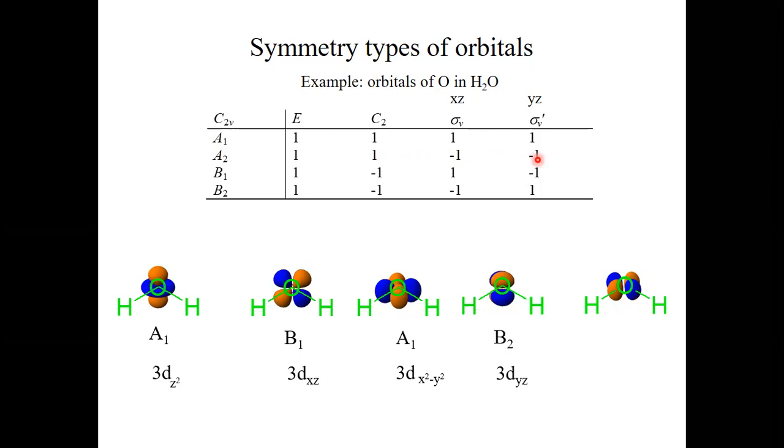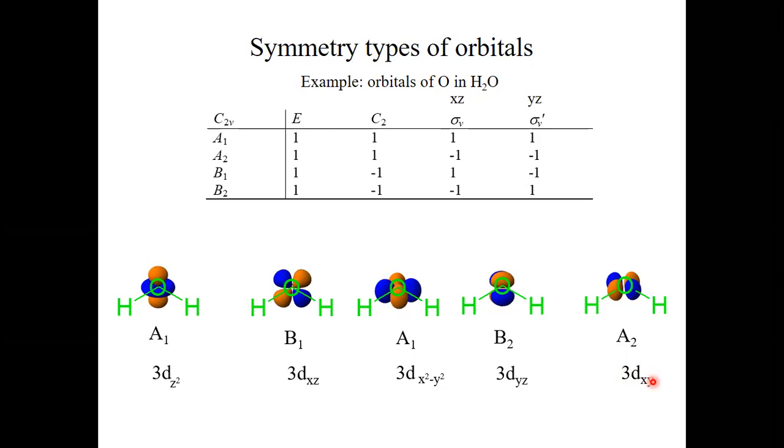Okay, so no coordinate belongs to that symmetry type, but there can still be mathematical functions, such as the mathematical function for the 3D xy orbital, that belong to the symmetry type.